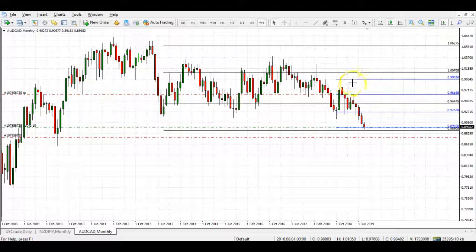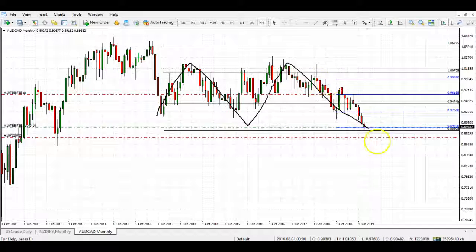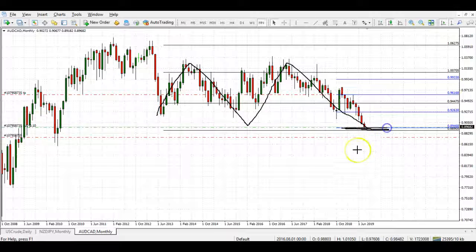So when we talk about the big one, the black, we can find here 4 legs. Now the 4th leg, guys, is just about to finish up. It just made it to the very edge of the setup, right? So from that point of view, we are at the very edge of the black setup, when price is supposed to change direction and begin an upside leg back to the higher section.